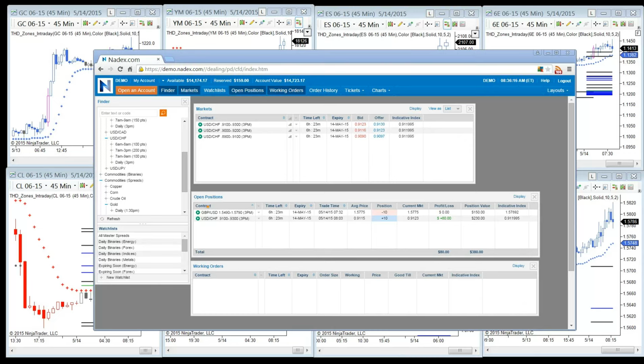Understand? Now, the profit potential on the British pound dollar is 2,500 if it moves the entire width of the spread. I don't think it will, but if it does, then I would make $2,500. On the USD Swiss franc, if it moves the entire width of the spread, it would be 1,850.